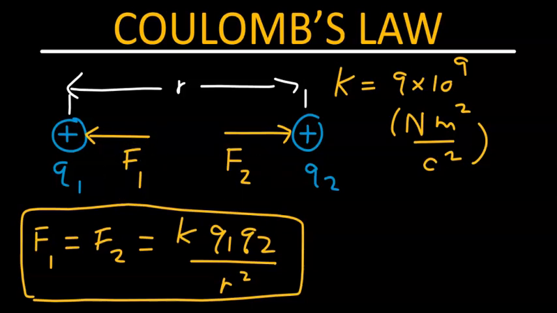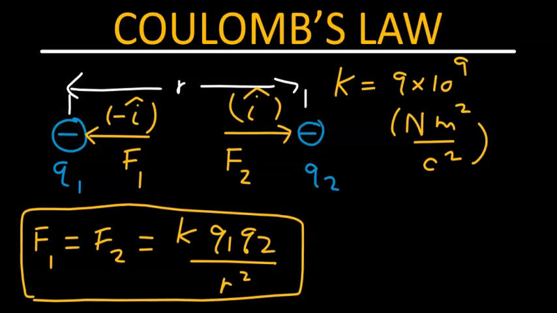The direction of F1, since it is a repulsive force, is going to the left, and you can represent it with a unit vector minus i hat. i hat is a unit vector along the positive x direction, minus i hat is a unit vector along the negative x direction. Likewise, the direction of F2 is just i hat.